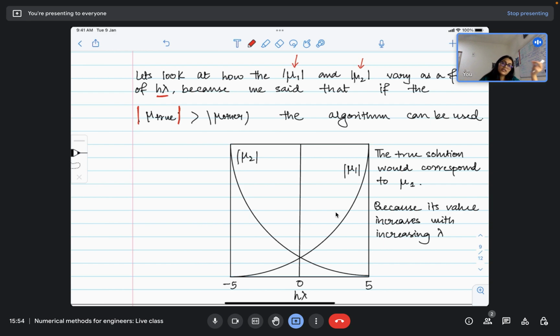So one is spurious and one is true. So if the mod of the true mu is greater than the mod of the other one, then this algorithm can still be used for computing the solution of this ODE IVP. Okay.